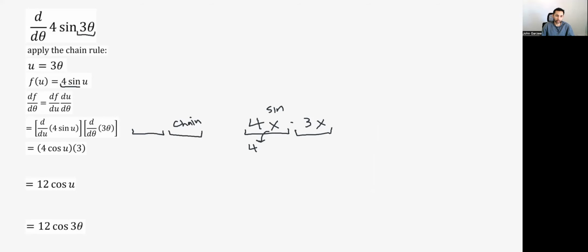The derivative of sine is cosine. So you just replace the sine with cosine, and the value behind it is u, which stands for the 3 theta, the inside part. Then we take the derivative of 3 theta, and that becomes 3.